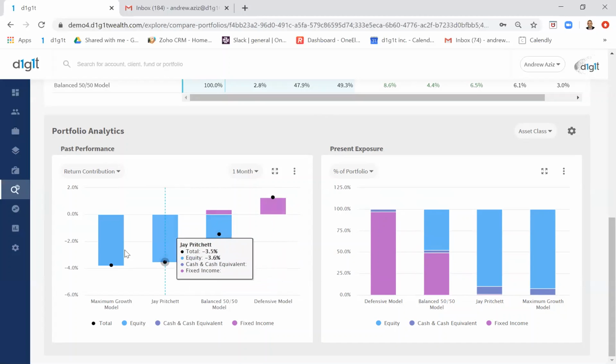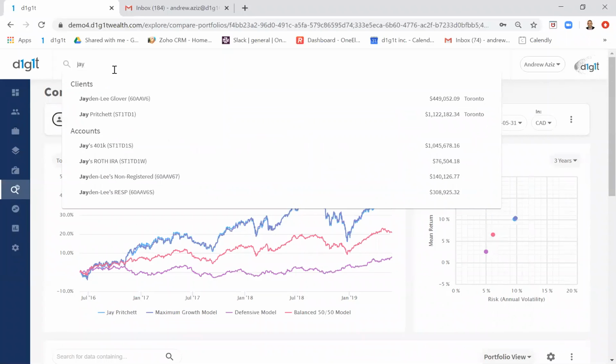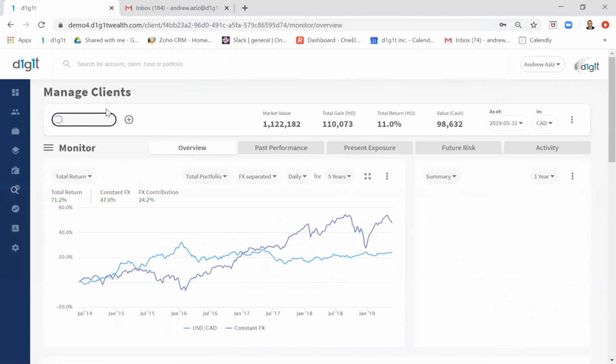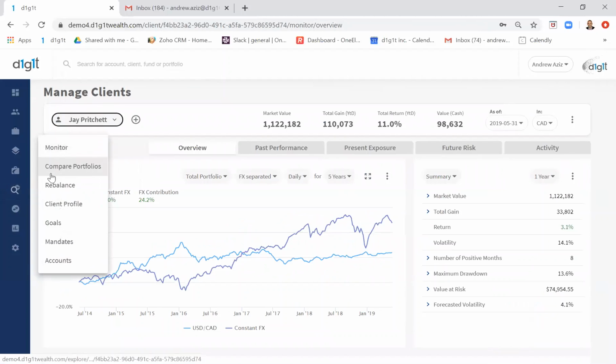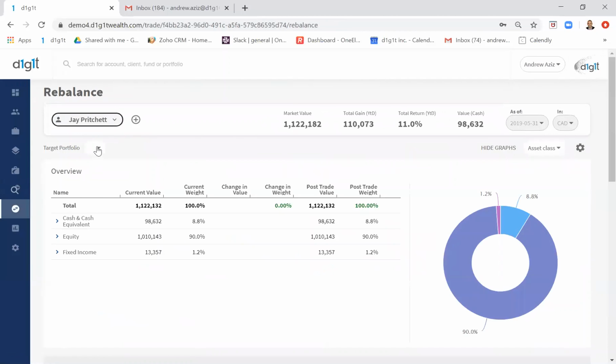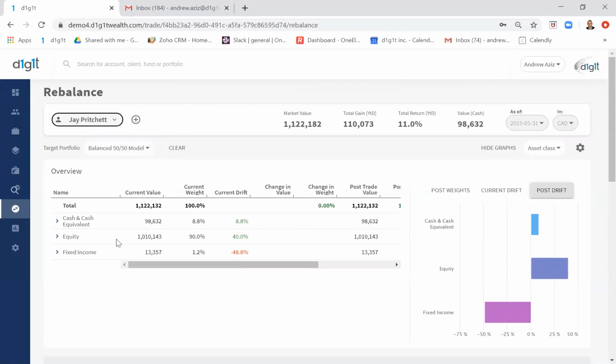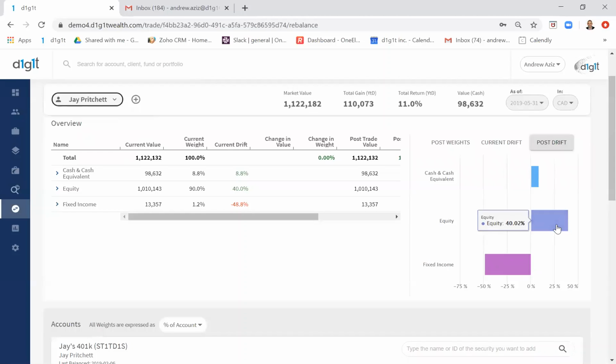So let's see how we might suggest some trades to Jay that might dial back his risk a bit. So what we're going to do now is look at Jay's position, and we're going to associate as a target portfolio the balanced fund. We see to the right that we're considerably over in equity and considerably under in fixed income.